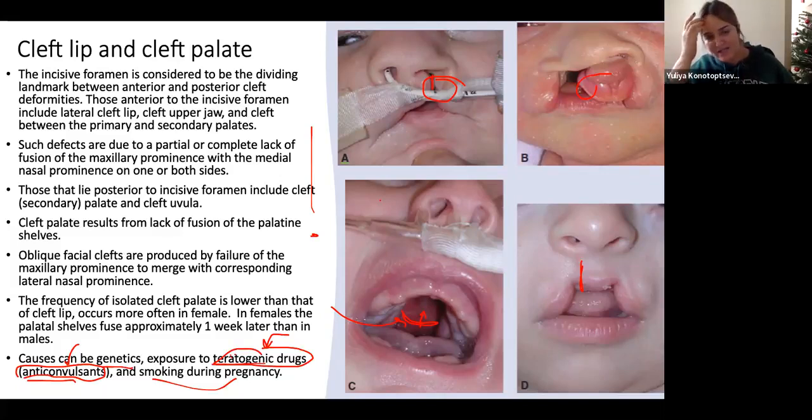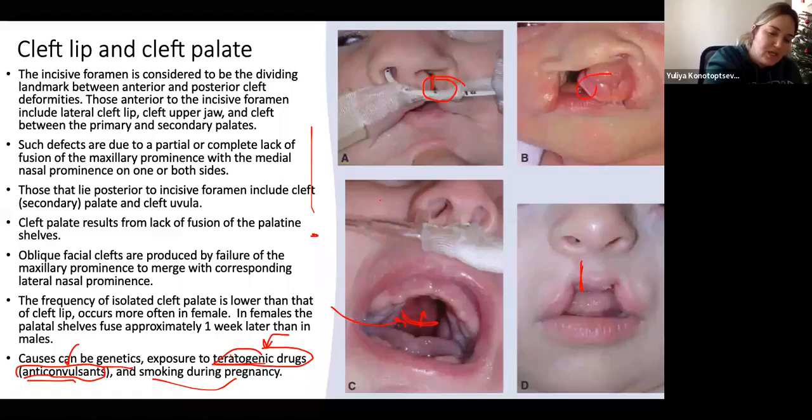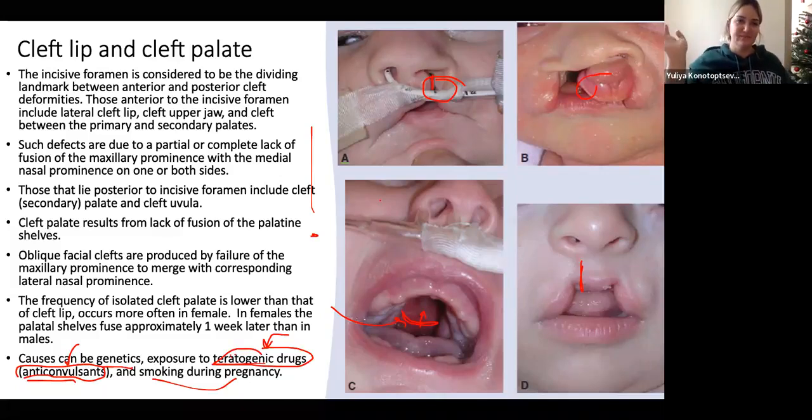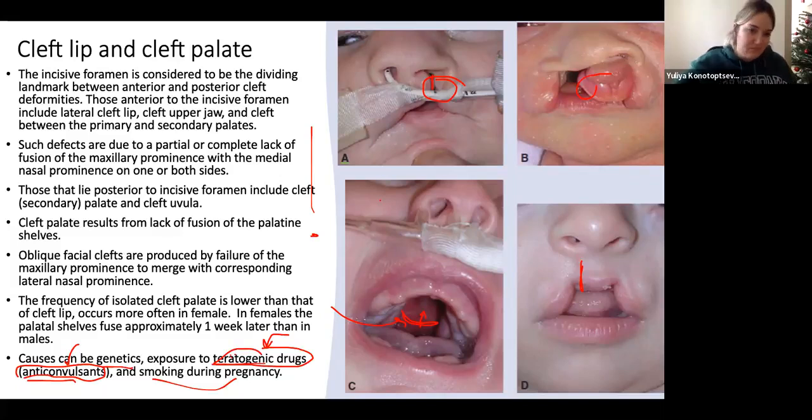Okay, so folic acid is more important than vitamin C because it's protecting the neural tube of the embryo, and this is the most important. If the embryo's neural tube is protected, there are fewer defects like that. So if the nervous system of the embryo is intact, there are fewer defects. That's the solution basically.